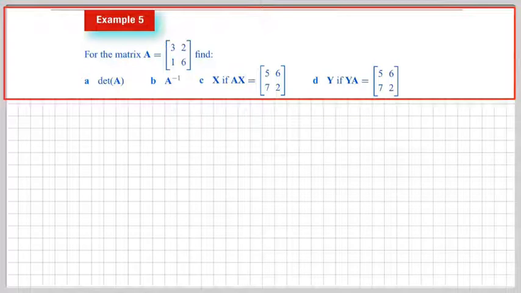Okay, now here's an example for us. This is the matrix we're dealing with here. Just have a quick squeeze. Is the ratio of that compared to that the same as the ratio of that compared to that? No. So therefore it's not a singular matrix, it's got an inverse. So we need the determinant of A, then the inverse of A, then matrix X if A times X equals that, and matrix Y if Y times A equals that.